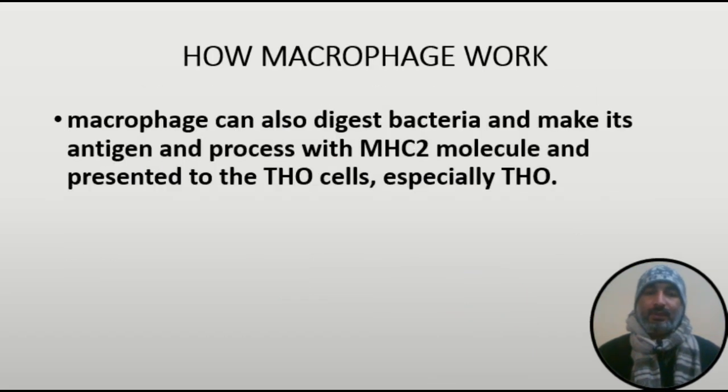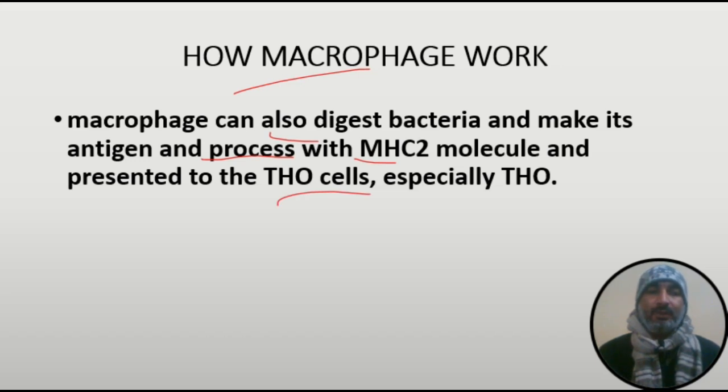This is simple. So how will the macrophage work? Same process: the macrophage also digests the bacteria, makes antigen, processes it with MHC2 molecules and presents it to the T helper naive cell.